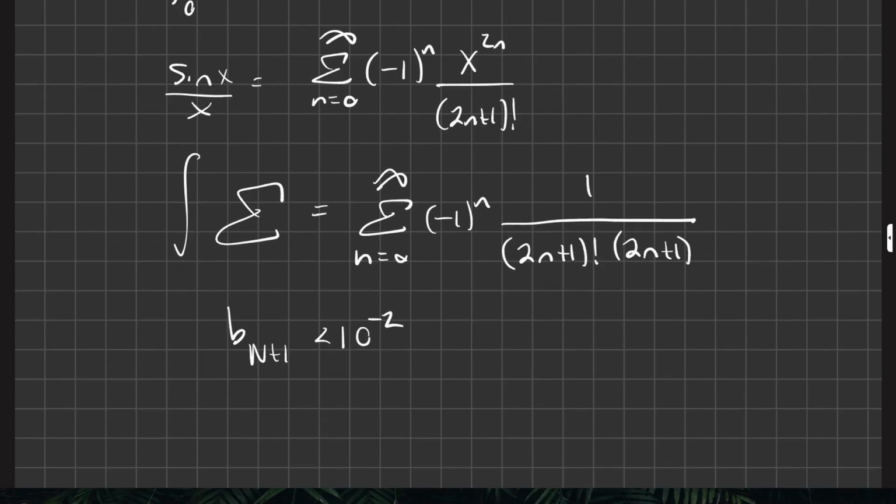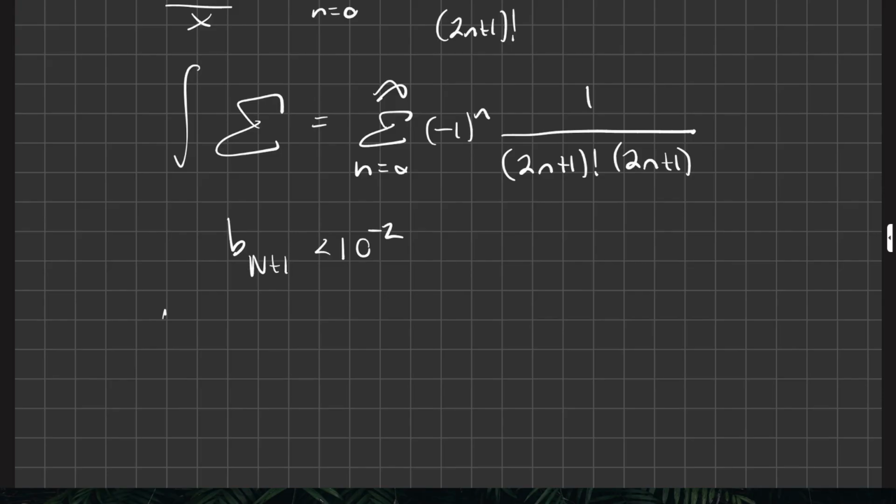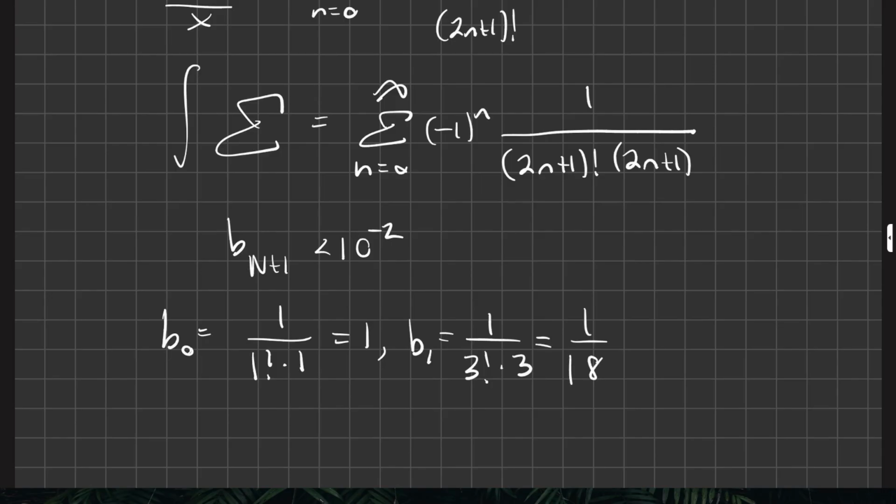So we'll compute a few terms. b sub 0 is 1 over 1 factorial times 1, just 1. b1 is 1 over 3 factorial times 3, which is 1 over 18, approximately 5.5 times 10 to the minus 2.